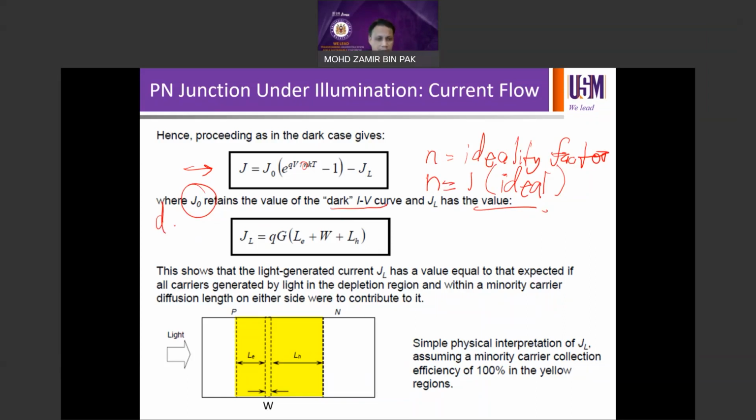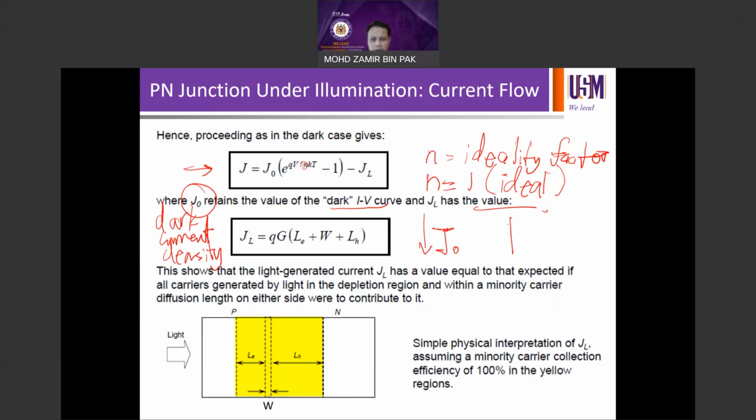We call that dark current density. Remember last time we discussed that you want to minimize J naught, right? You want to maximize JL, you want to minimize J naught.